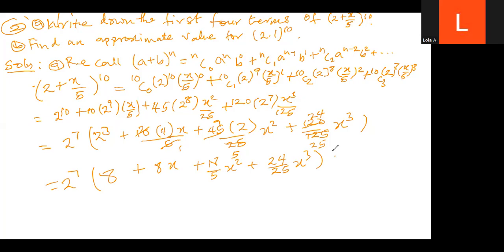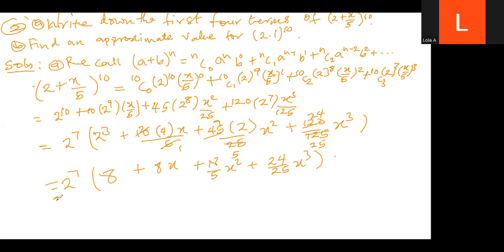And if you think that you want to be explicit by finding the value of 2 raised to power 7, no problem. But it will be better we leave it this way so that, okay, let me see the second part of the question. Okay, let's be explicit. 2 raised to power 7 is 128. So let me be explicit with that.